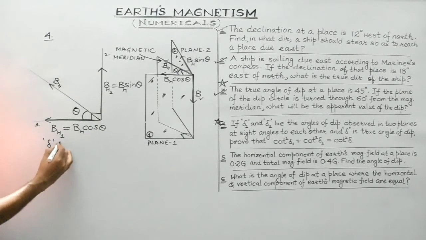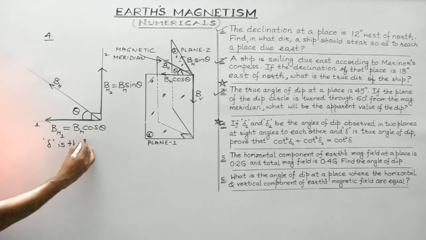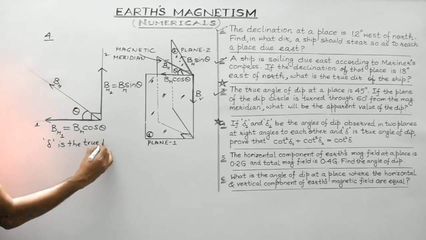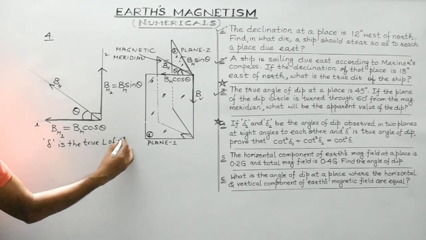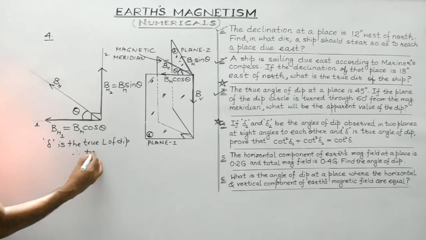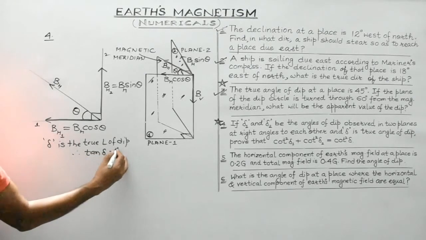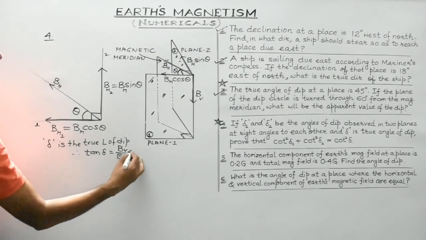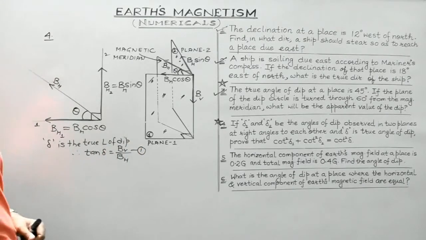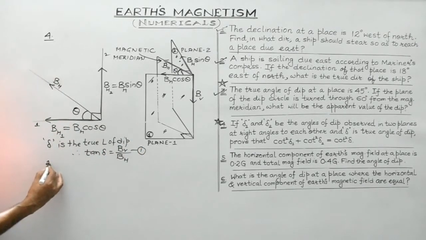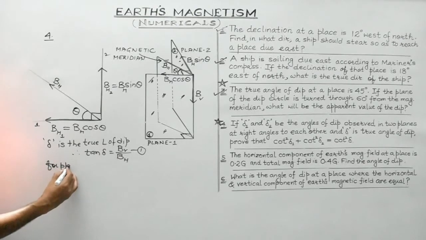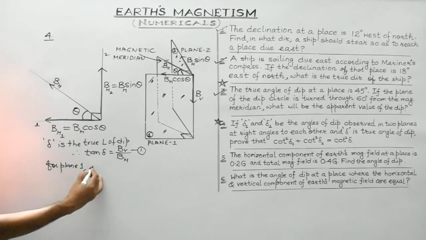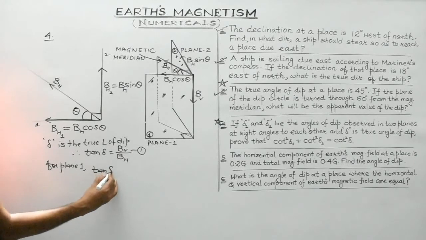Okay, now del is the true angle of dip. Therefore, we are aware, students, tan del will be equal to BV divided by BH. No doubt regarding this. Clear, students? Now, for plane 1, the angle of dip is given to be del 1.